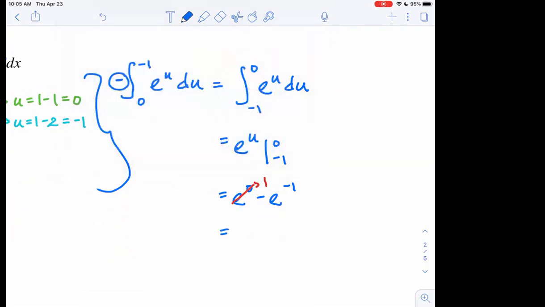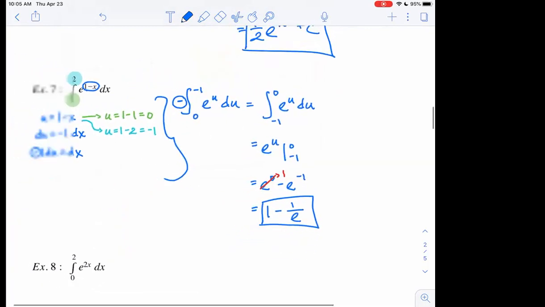So we would actually write this as 1 minus, and then e to the negative 1, we can write it as 1 over e, okay? And so that's how we take care of the u substitution in the bounds for number 7.